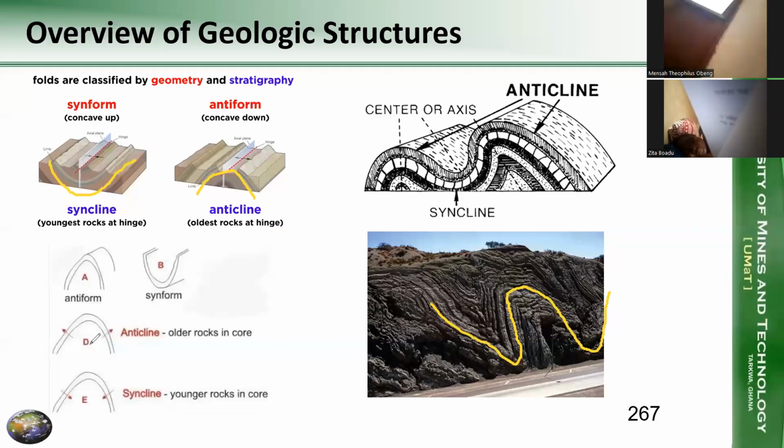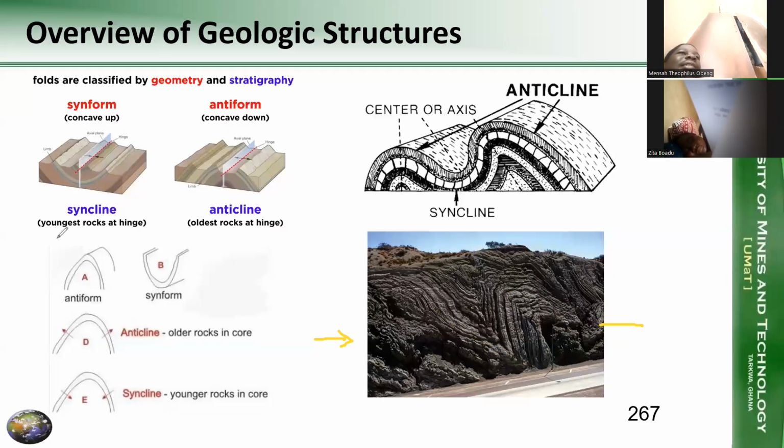When we have older rocks in the middle, we say it's an anticline. If we have younger rocks, we call it a syncline. So synform is like a U, anticline is like an N.